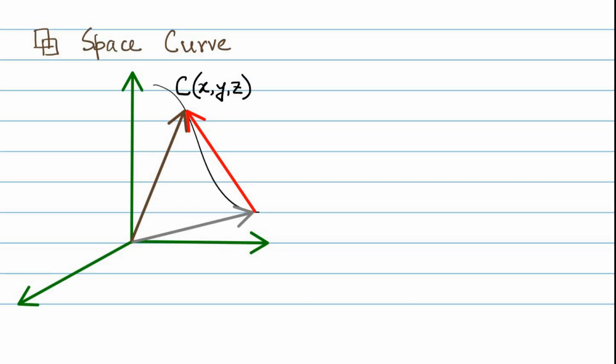So the first place we should go directly from here is the derivative of a position vector that traces out a curve in three dimensions.